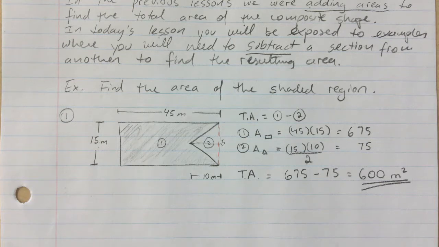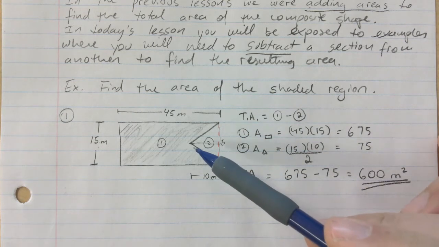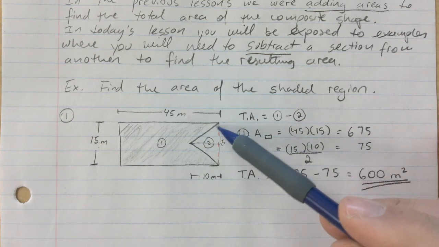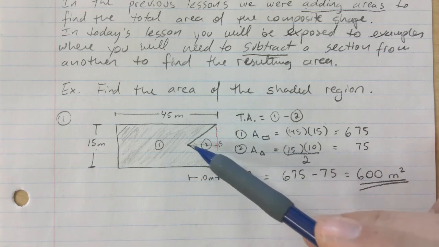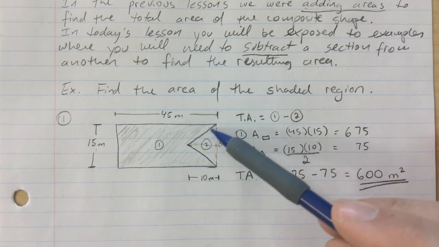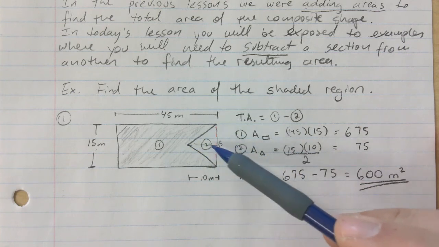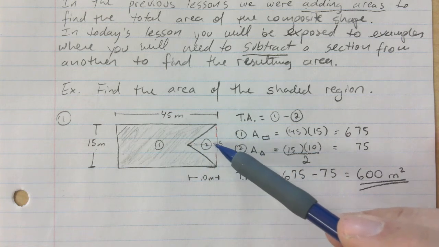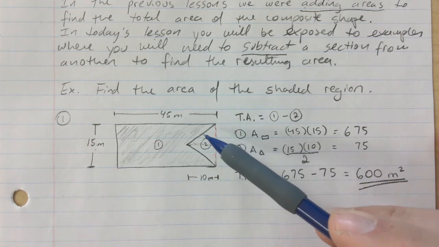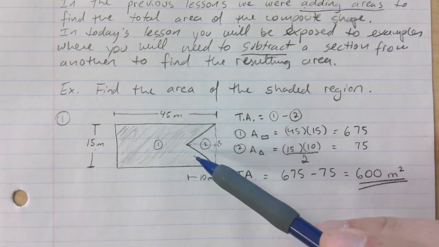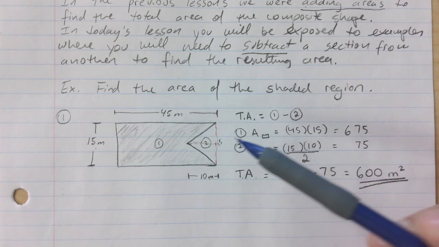Would you be able to find the perimeter of this? It would be a bit more work because we don't know the slanted lengths here, so you'd have to use the Pythagorean theorem. You take this triangle, cut it in half, then we have a right triangle here. Use Pythagoras to come up with that, and then we know both of them technically because they're the same.